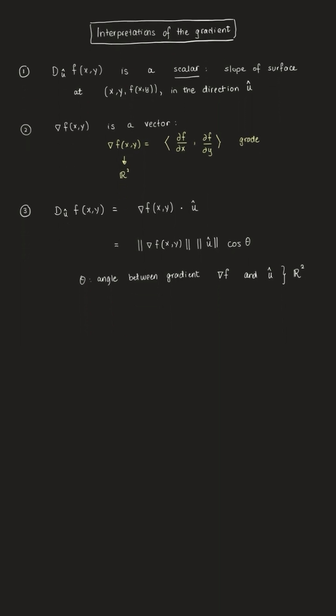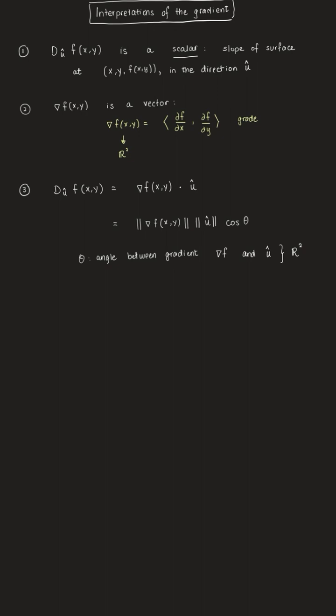Okay, we also know that we find directional derivatives in directions of unit vectors, so that the derivative will not be magnified in any way. So we always normalize a vector in which we're trying to find the directional derivative.